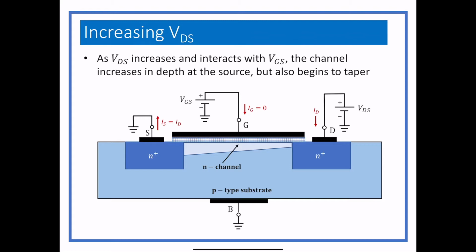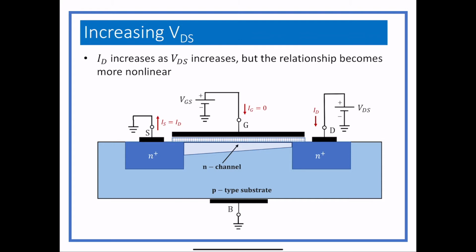So you end up with a tapered kind of channel. And as you let VDS go up, you start to get a nonlinear relationship between the current and voltage because now the channel is tapered, and so there's a little bit more interaction. So it begins to become nonlinear.